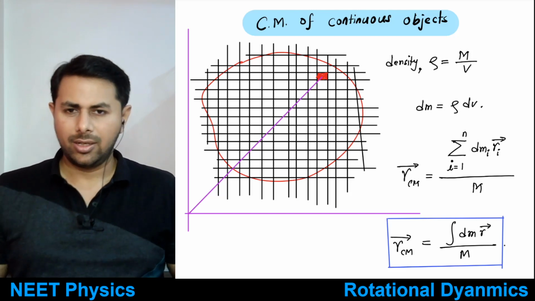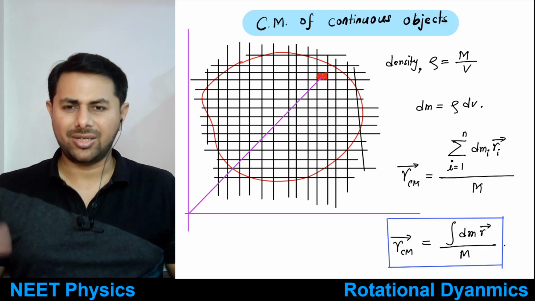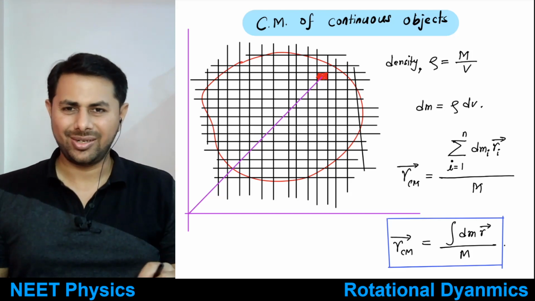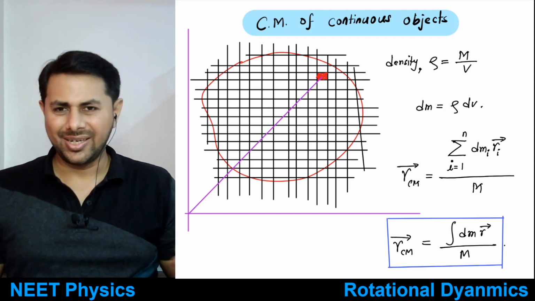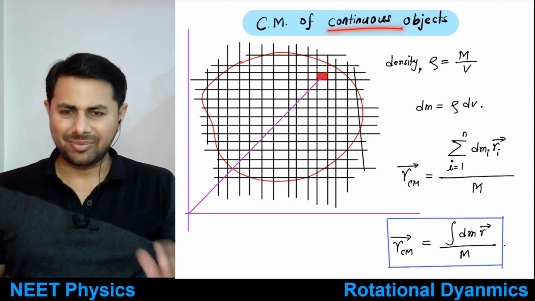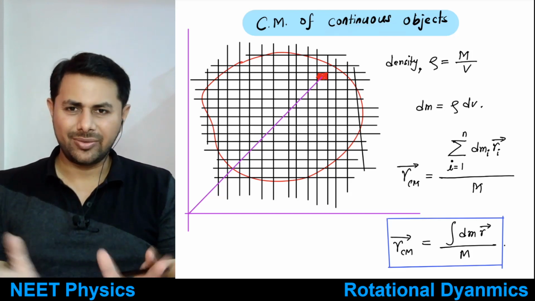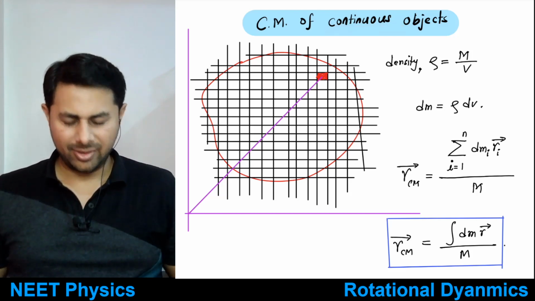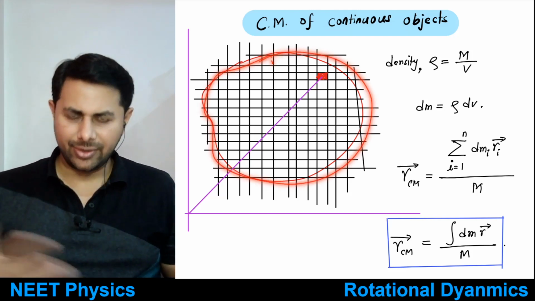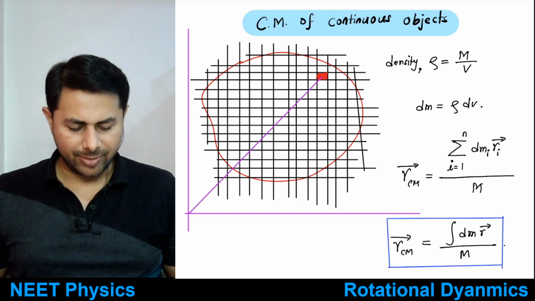But in real life the bodies are continuous and we cannot say that there are n number of particles in the body. At least we can't count the number of particles, and therefore we consider that mass is continuously distributed all over the body. And therefore now we have another method to find the center of mass.